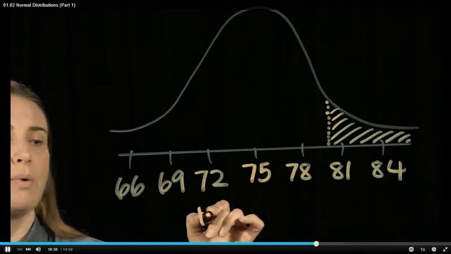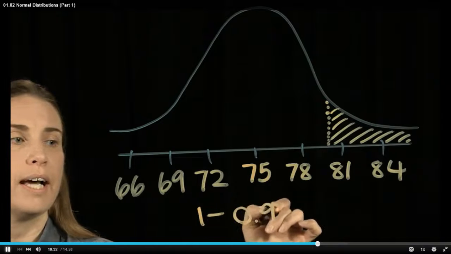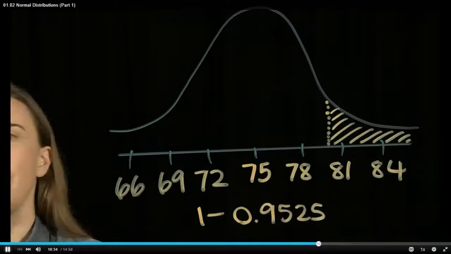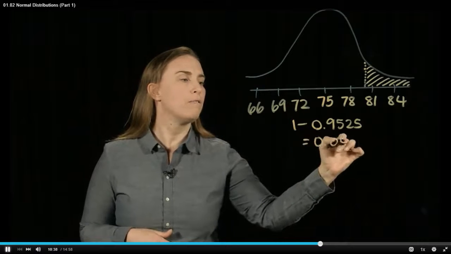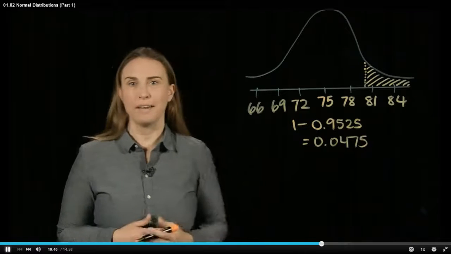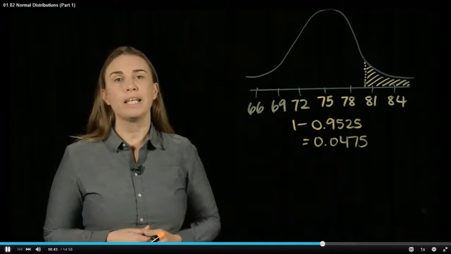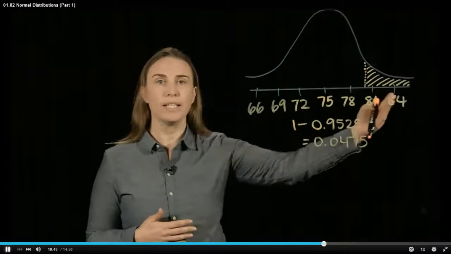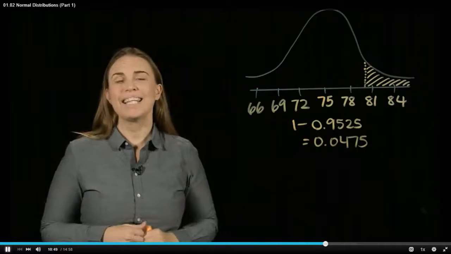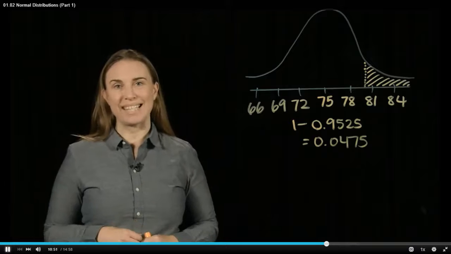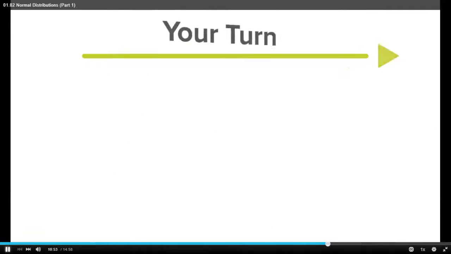This means we subtract 1 minus 0.9525, which is equal to 0.0475. This means the probability of scoring higher than 80 points is 0.0475, so you will score in the top 4.75%.